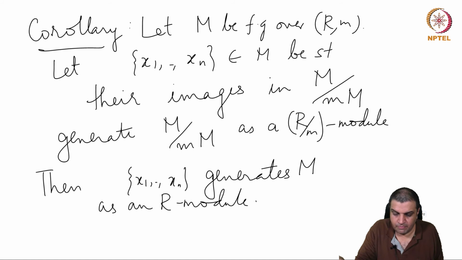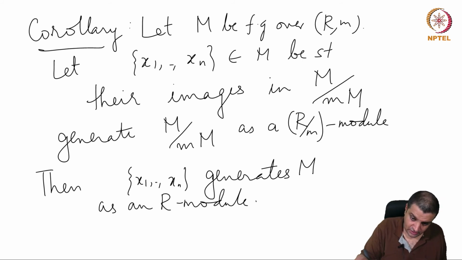So this is a field, and since M is finitely generated, the quotient is also finitely generated over the quotient ring. So this is a finite dimensional vector space. We're just saying pick elements in M whose images form a spanning set. Then those elements generate M as an R module. Okay. So proof.